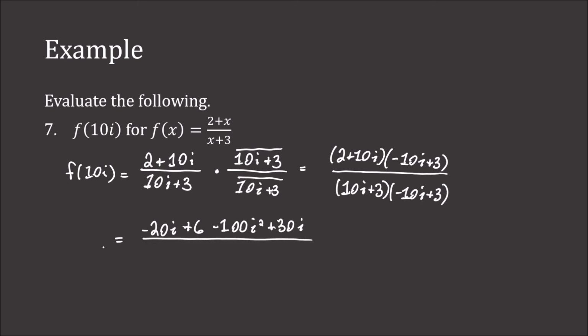The denominator, we will have negative 100i squared plus 30i minus 30i, and then plus 9.